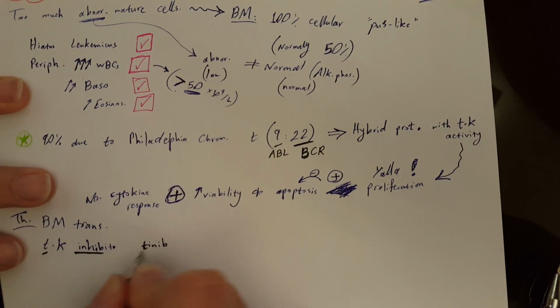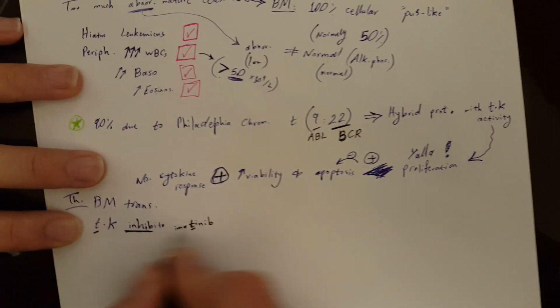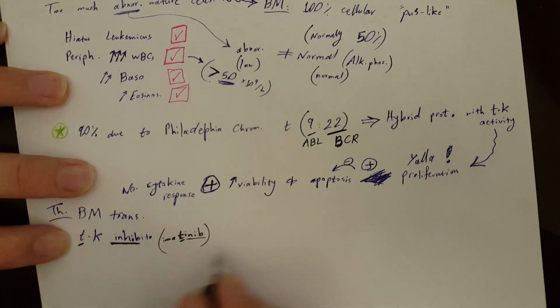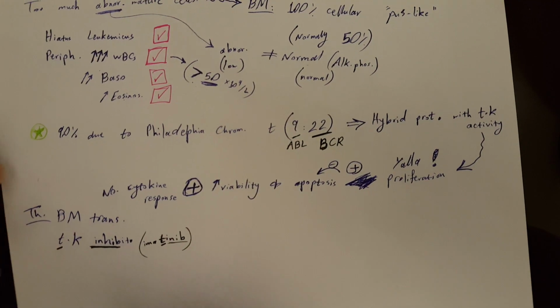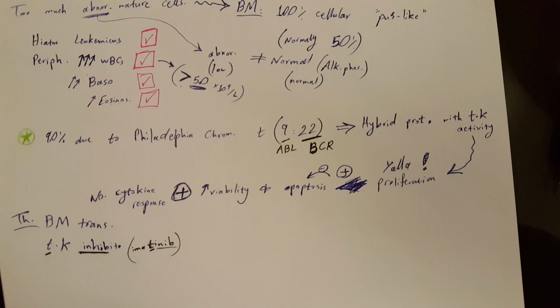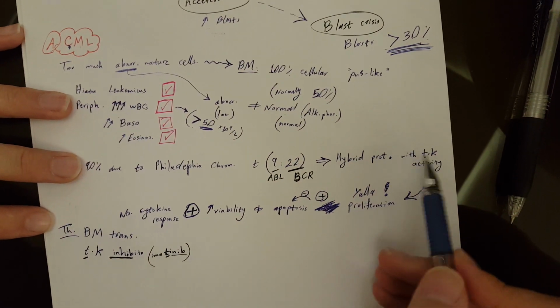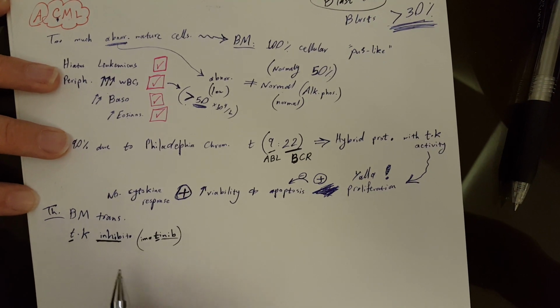So you have imatinib, the T for tyrosine kinase, and inhib, inhibition. So whenever you see tinib, it means it's a tyrosine kinase inhibitor, but different, because tyrosine kinase is just an enzyme and it's there in different cells, so maybe they can target different cells.